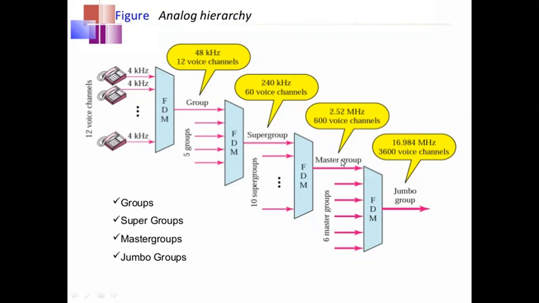Such master groups, 6 of them, make a jumbo group: 2.52 into 6, that is 16.984. So this is the voice telephone signal hierarchy.